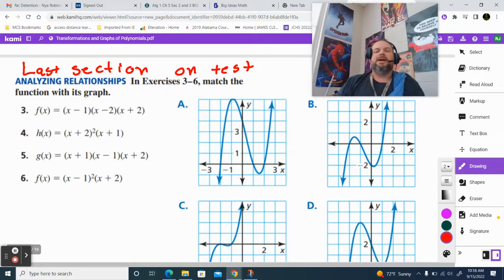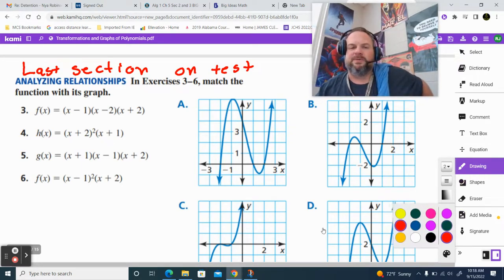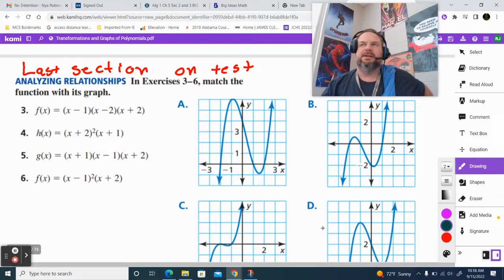Now, as we were finding yesterday when we were solving polynomials by factoring, these are our x-intercepts. So what's the opposite of -1? +1. What's the opposite of -2? What's the opposite of +2? -2.